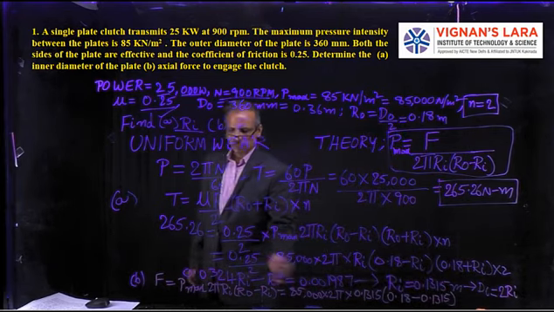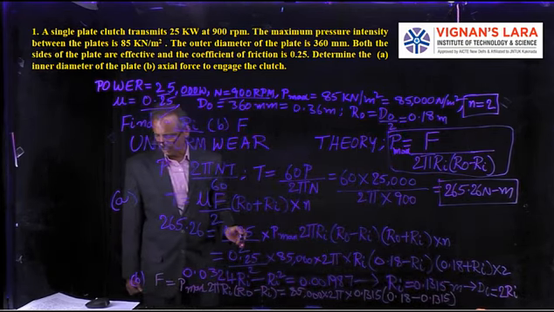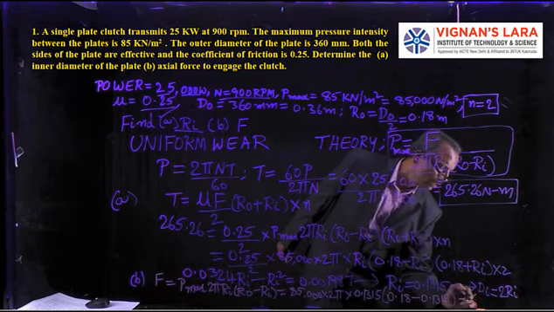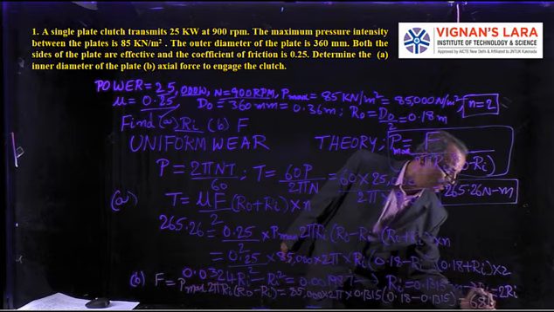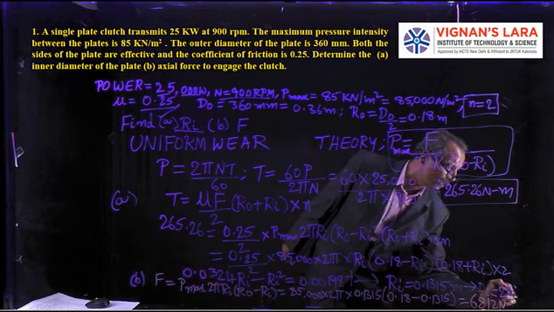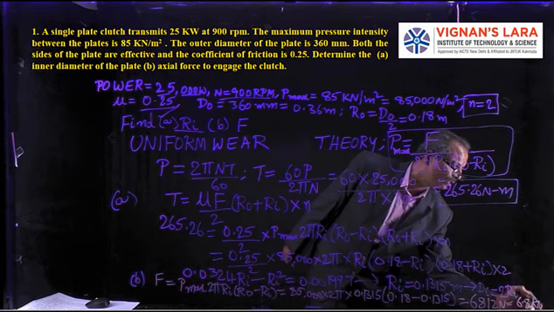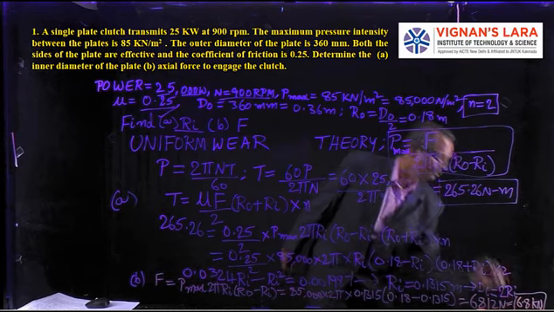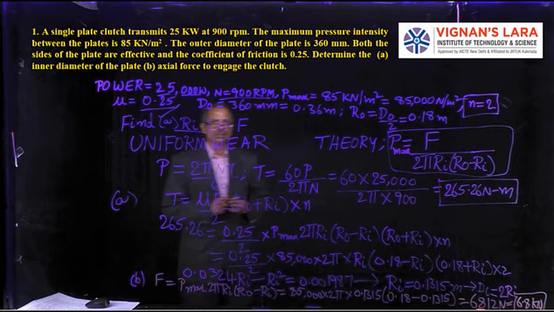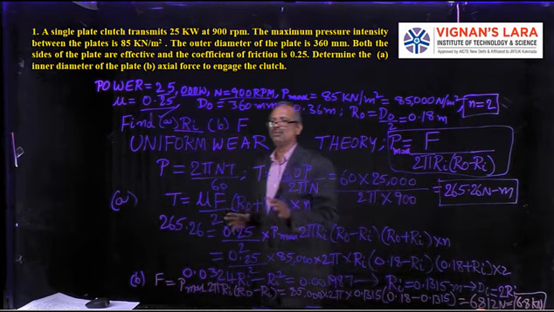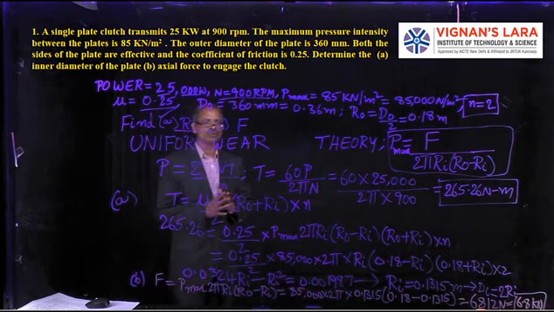By just calculating this, you get the force is equal to 6,812 Newton, or we can also write 6.8 kilonewton. Okay, so this is a straight simple application problem applying the equations which you have.